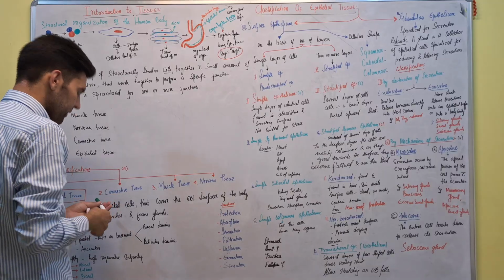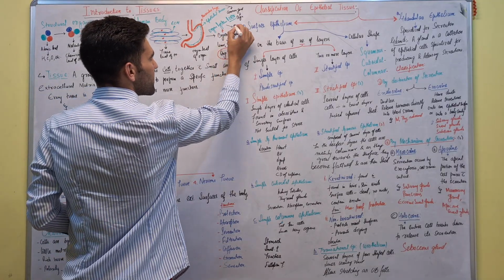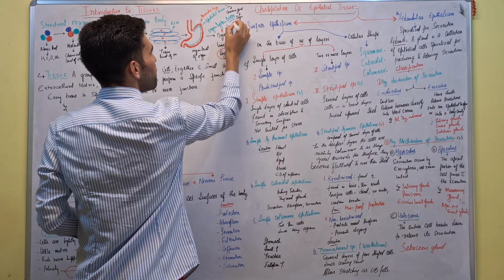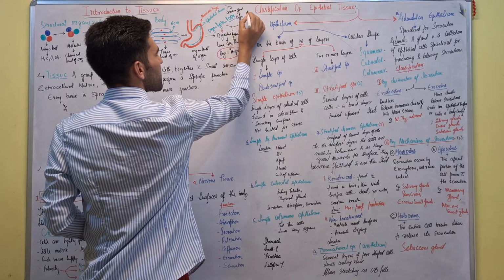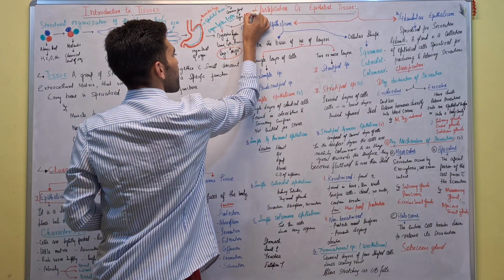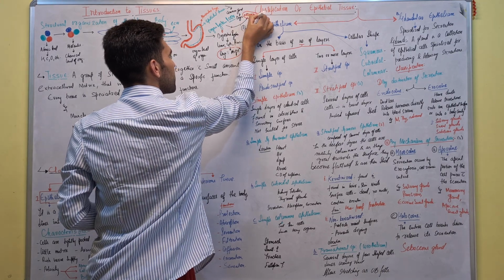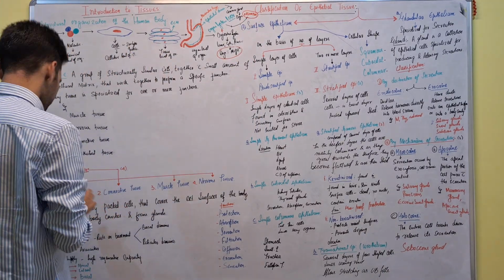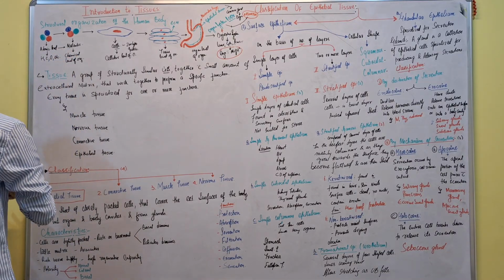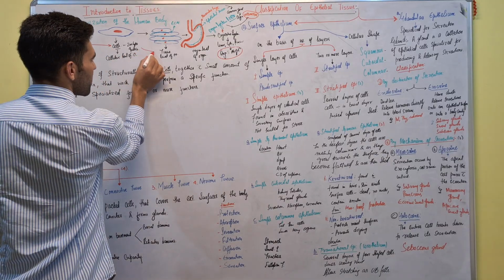After that, when multiple organ systems combine, they form an organism, and this is the highest level. So atoms combine to form molecules. Molecules combine to form cells. Similar cells combine to form tissues.